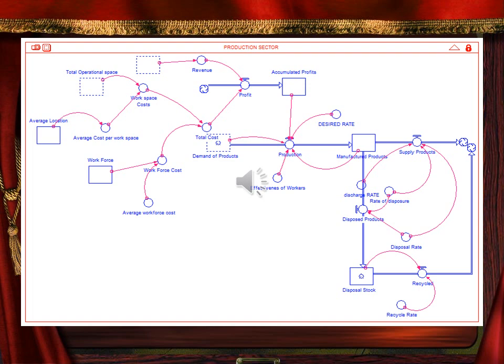So this model has been embedded with the statistics, and once simulated, it can generate graphs and statistical numerical data, which can be used by managers to make productive and mature decisions for the company.